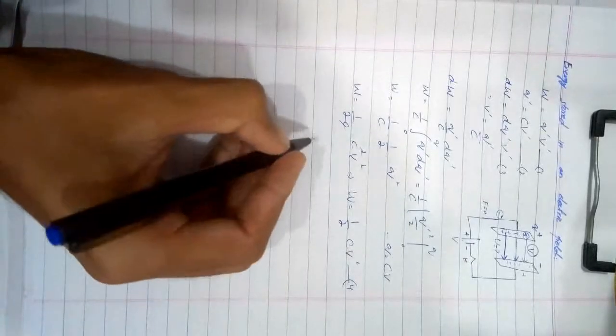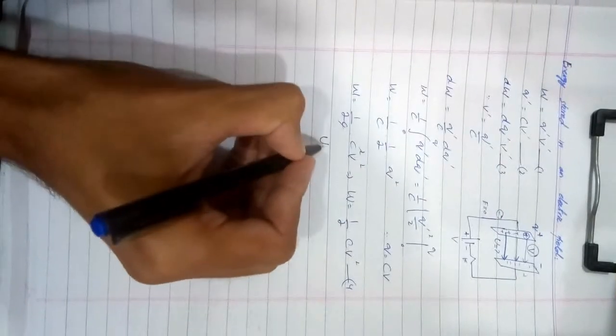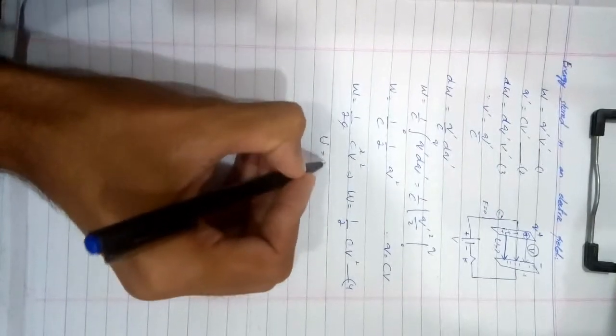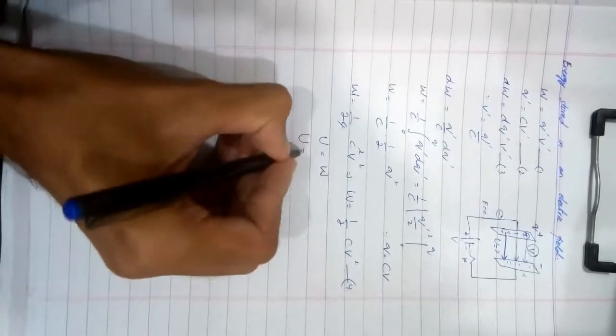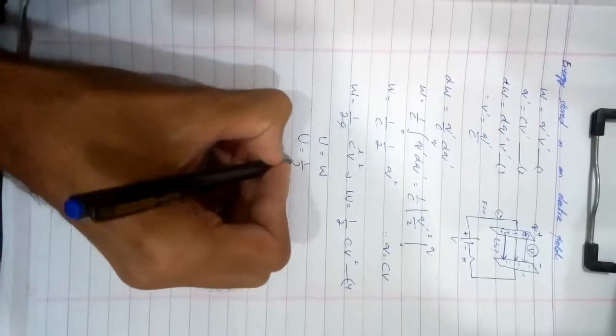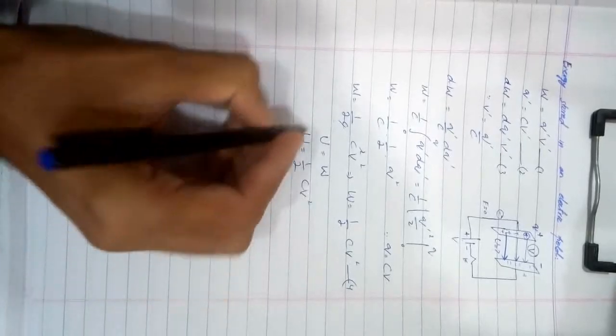We have read that energy or potential energy is equal to work done, so by putting in the value we have U equals 1 over 2 C V square.